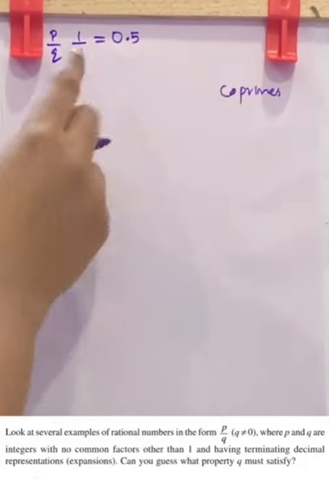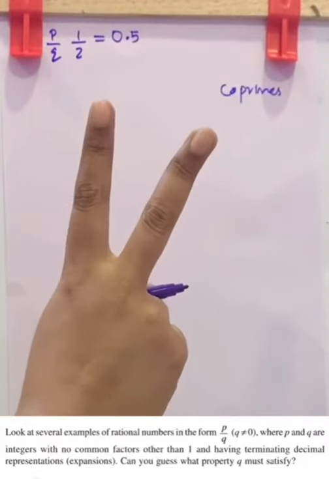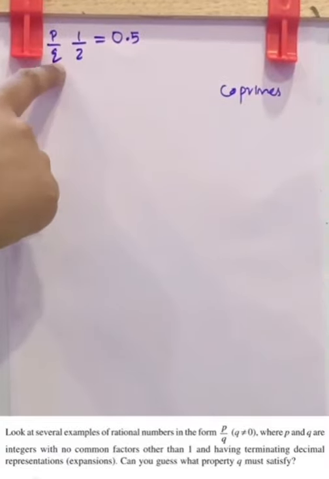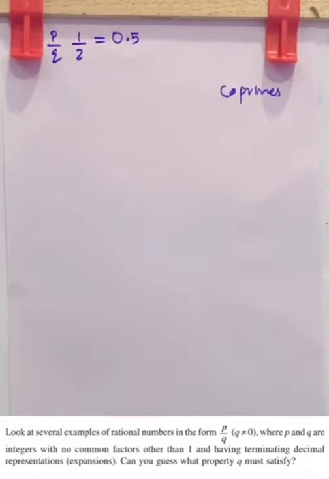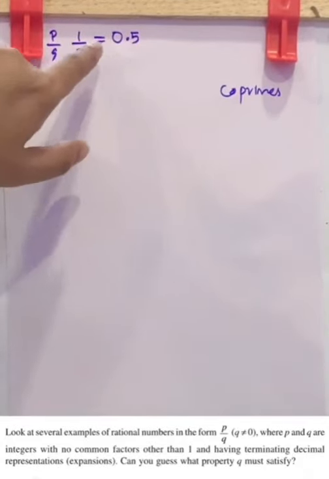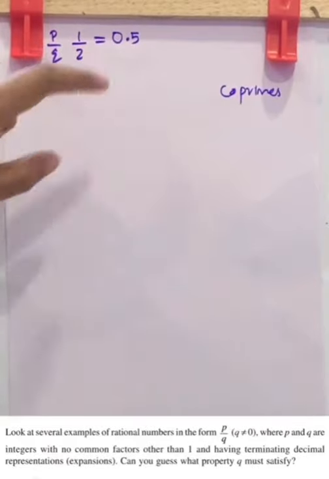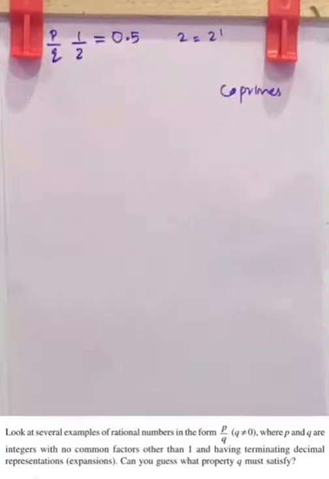Co-primes means if two numbers are co-primes, there will be no common factor between these two numbers. In 1 and 2, there is no common factor. So now what about this Q? It is 2, right? When we factorize it, it is 2 raised to 1.